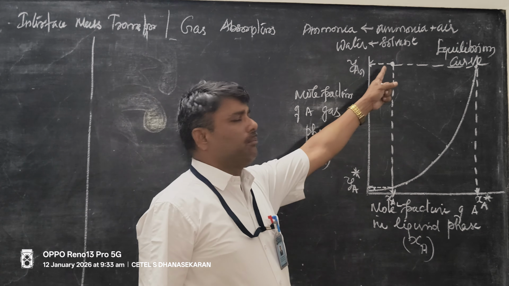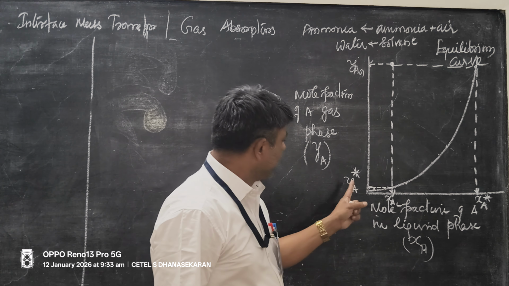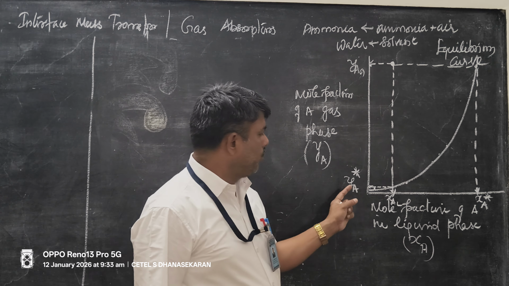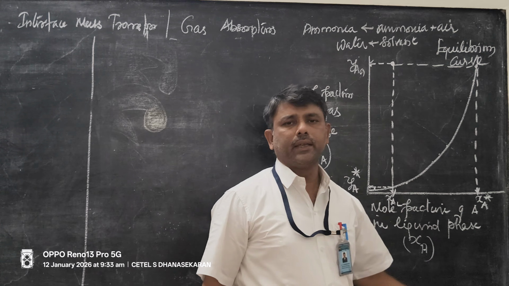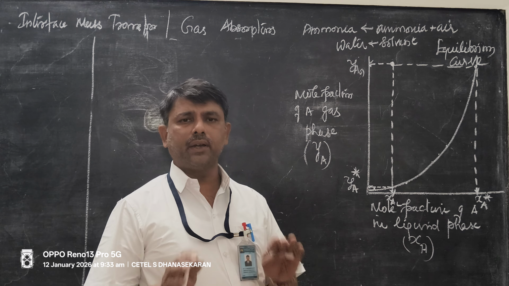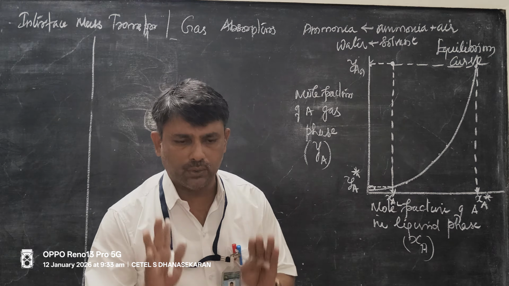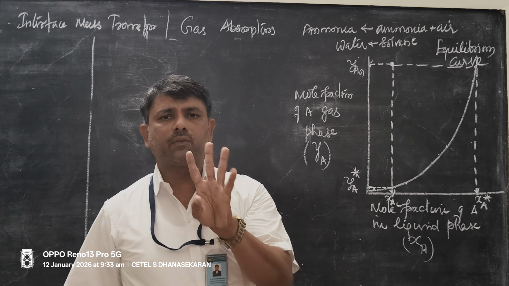Now I have the bulk values YAG and XAL, and similarly the equilibrium values of mole fraction of ammonia in the gas phase and the liquid phase. I need the interface concentrations, the interface values. Now let me explain. We have three modes of transport.